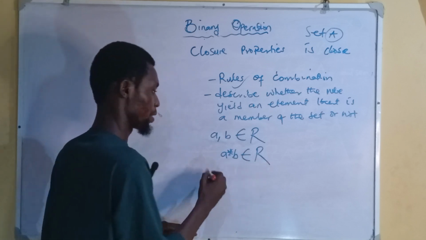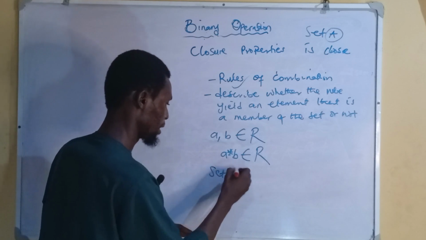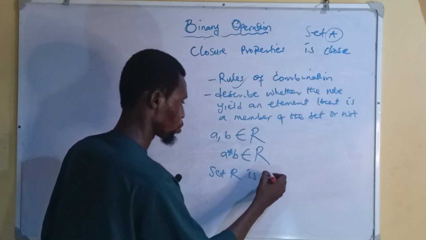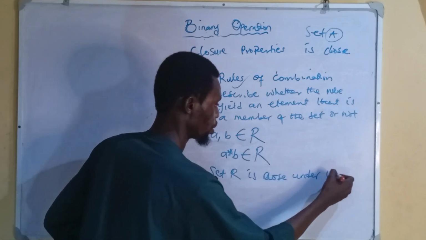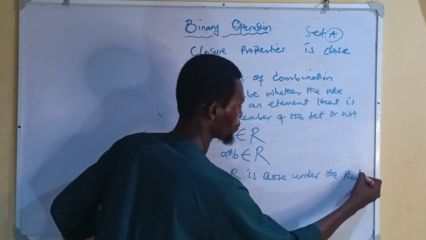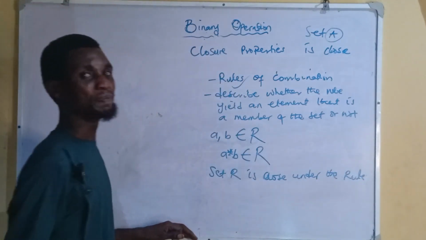Set R. We'll say that set R is closed under the rules. That is, under the binary operation.